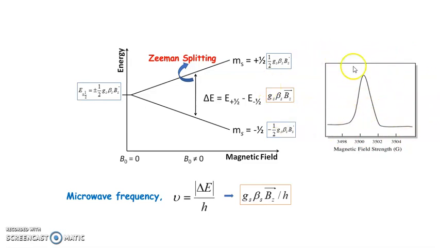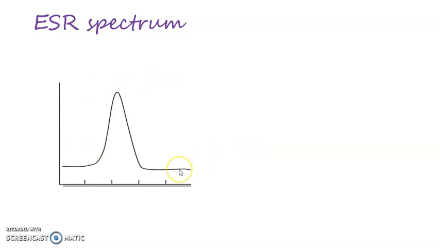Generally, we get a broad spectral line in the ESR spectrum, so it is difficult to locate the exact peak position. Because of this, we have to draw derivative plots. For this broad ESR spectrum, as it is difficult to get the exact position, I am going to draw its derivative plot. Here is the x-axis and this is the y-axis.